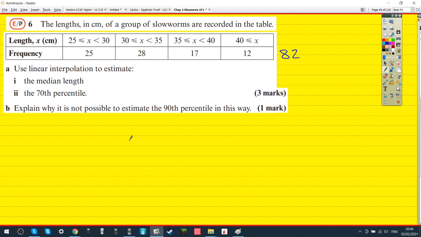Cumulative frequency wise, it would go 25, 53, 70, and 82. And then you do 82 divided by 2, which is 41. And we know that 41 fits with 53, so we use 30 to 35.